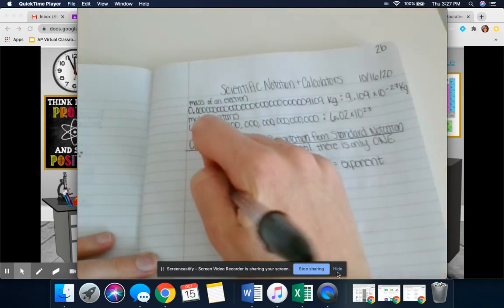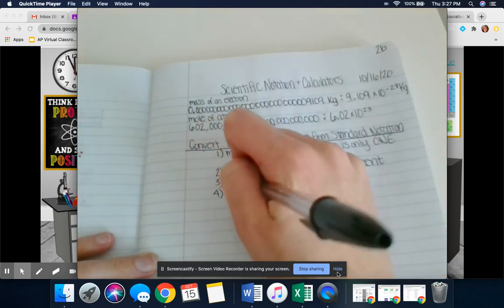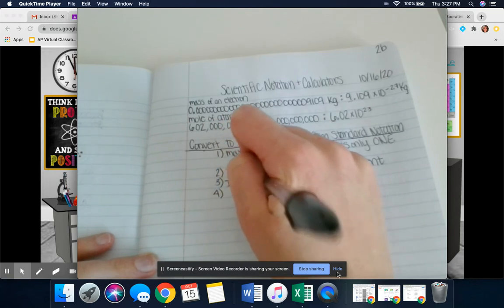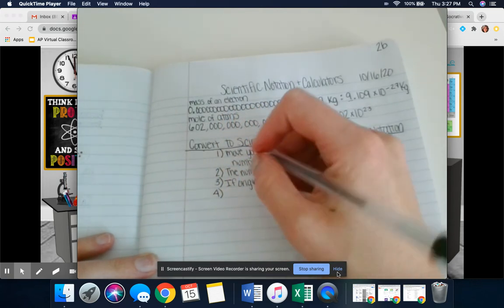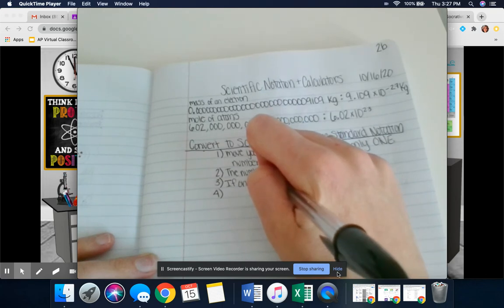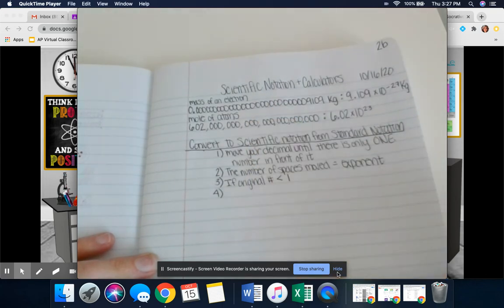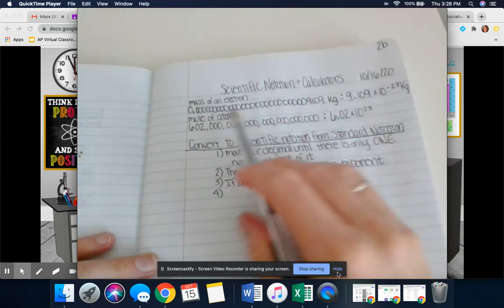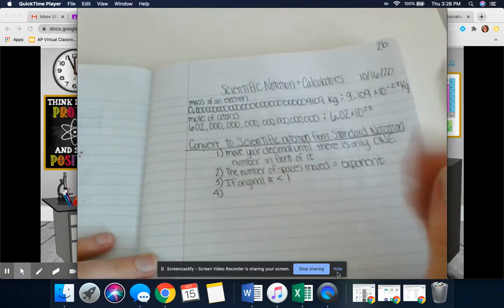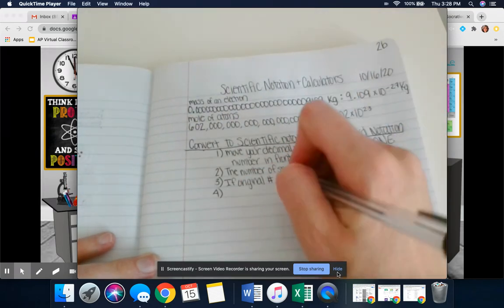So if your original number is less than 1, like this is a very, very small number, then the exponent is negative.